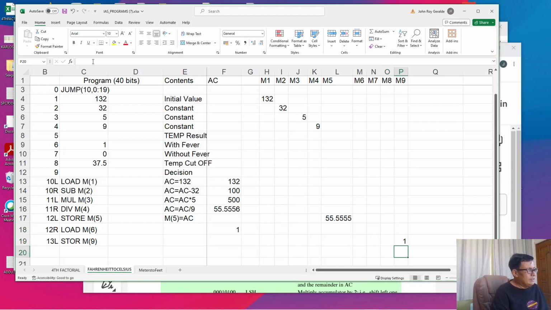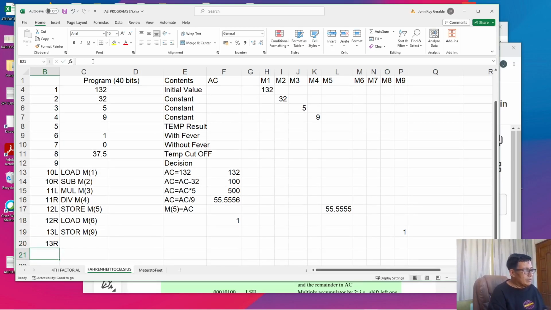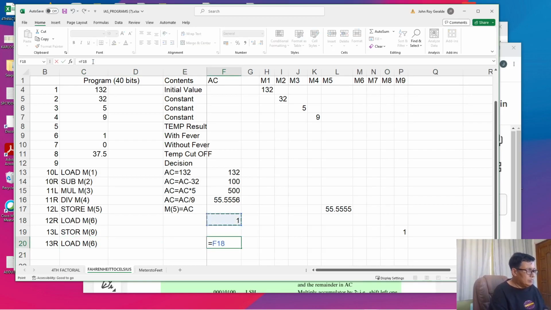And then we will check if our resulting temperature is beyond the cutoff in 13R. We can do this by doing a subtraction. We will do a subtraction of M5, which is our resulting temperature.